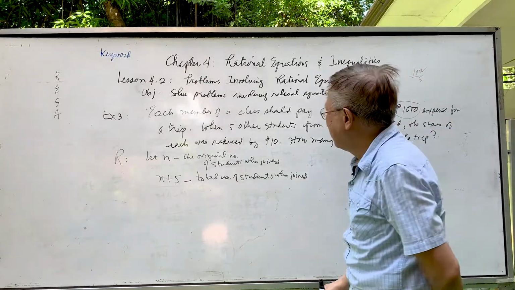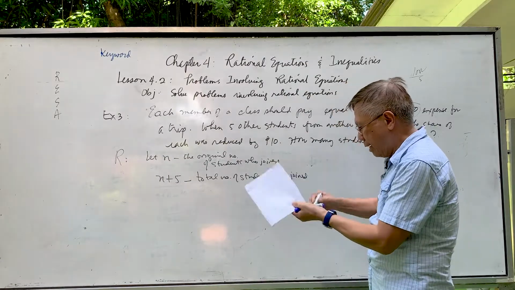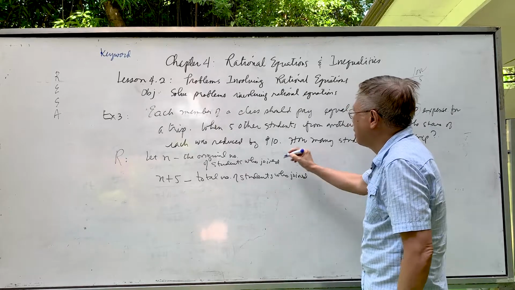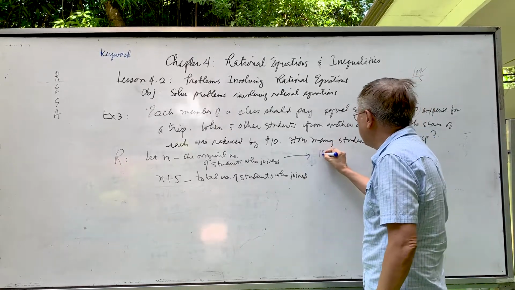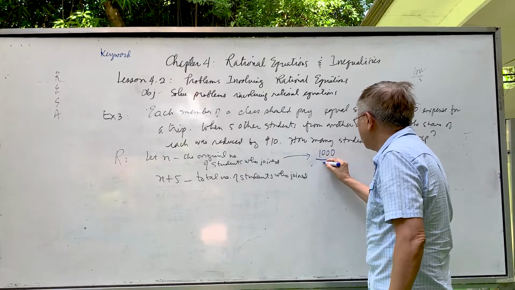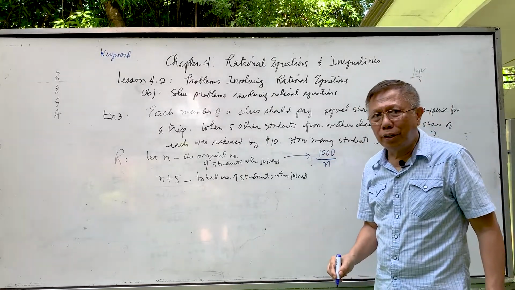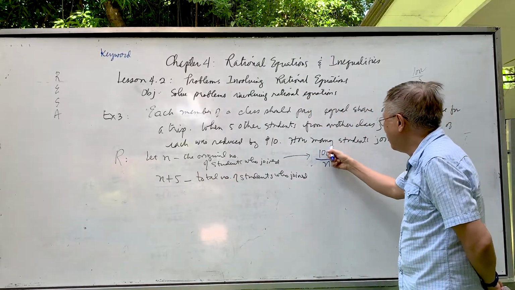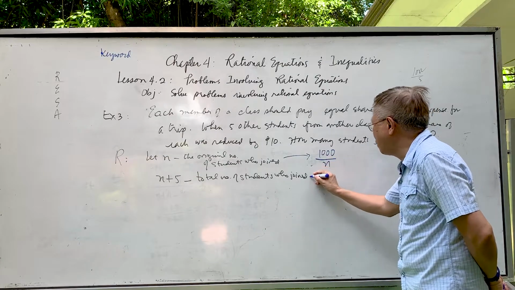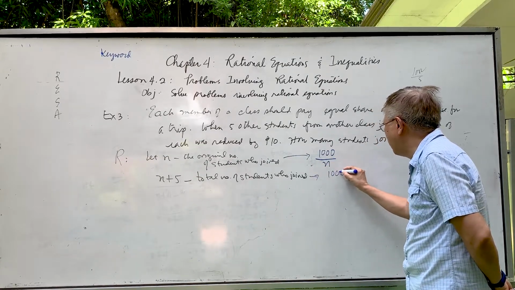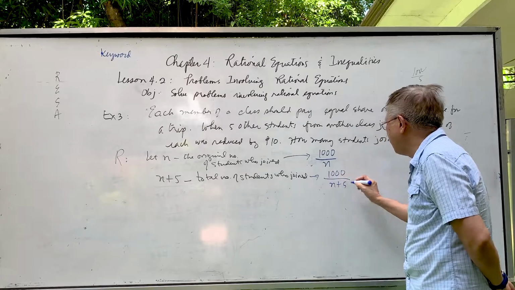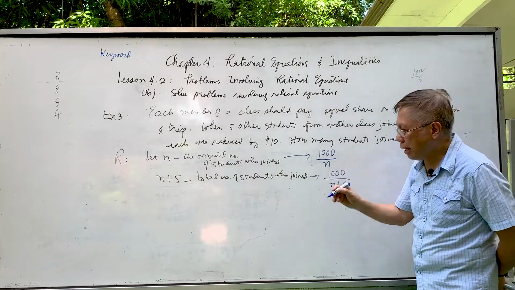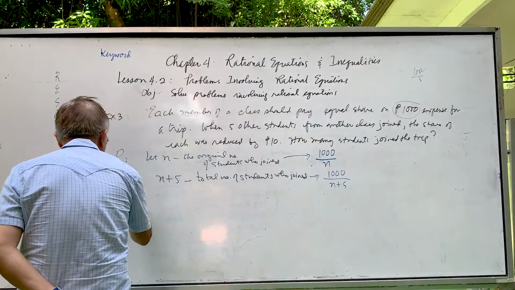So, if there will be n students dividing this 1,000, this will be 1,000 over n. However, if there will be 5 more students who will join, then this 1,000 over n share will become smaller. So, the share of each one now will be 1,000 over n plus 5. So, we will be working on these rational expressions here to have our equation.